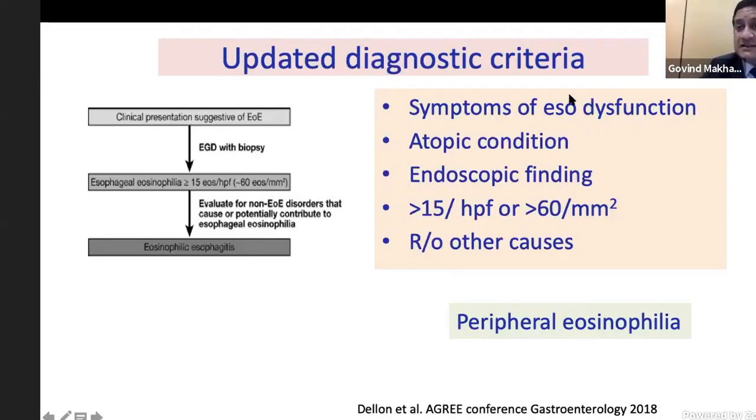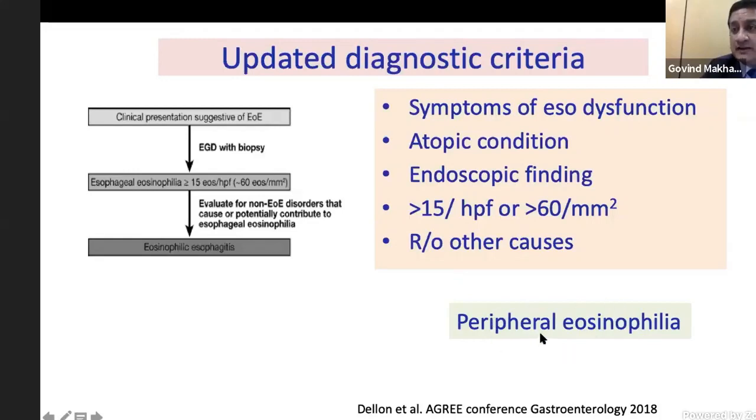It has been seen that the patient may have symptoms of esophagus. They can have multiple atopic conditions. And one needs to keep in mind, do they have any other explanation for high eosinophil count in the esophagus? And you rule out these conditions. Think, and if there are any specific ones, then rule them out. This patient will also have peripheral eosinophilia.